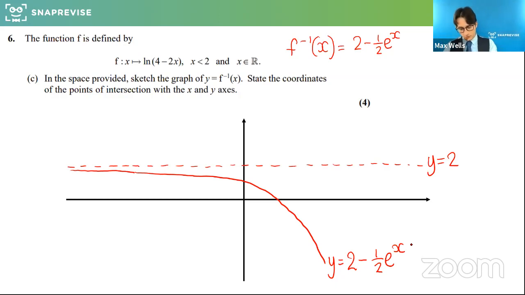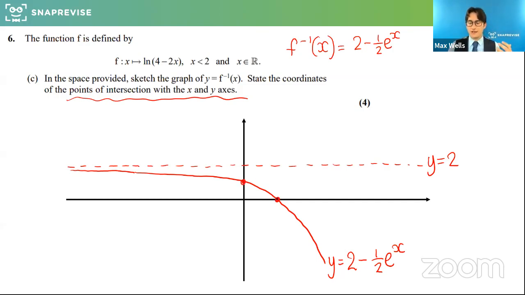So this function is going to get more and more negative. Now, the asymptote is 2 because we've done a translation up by 2 from 0. And then the other key thing we need to do, it does say it in the question here, is the points of intersection with the x and y axis.